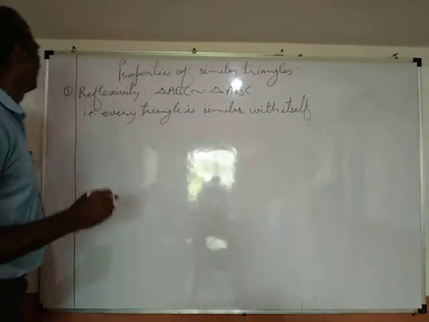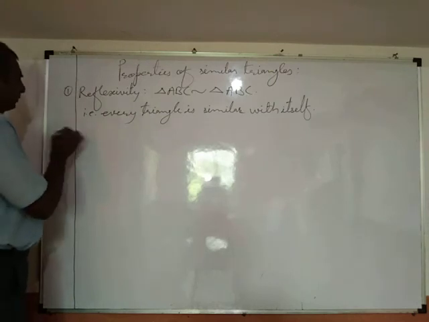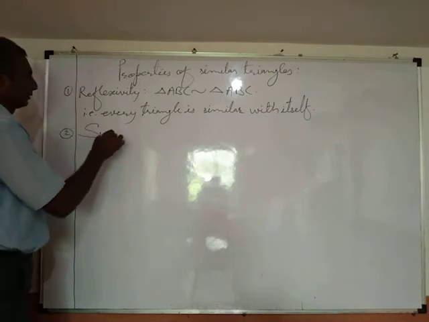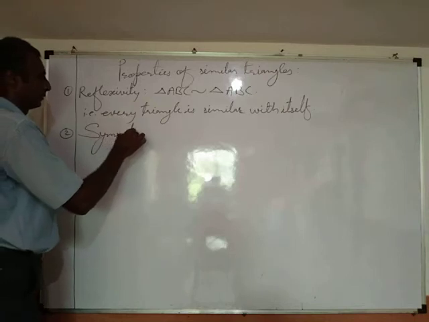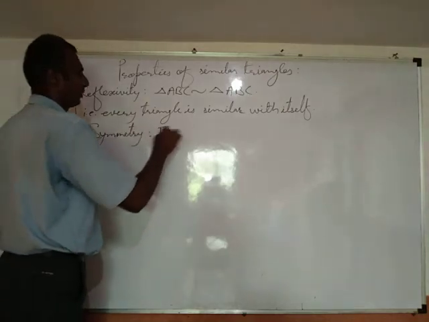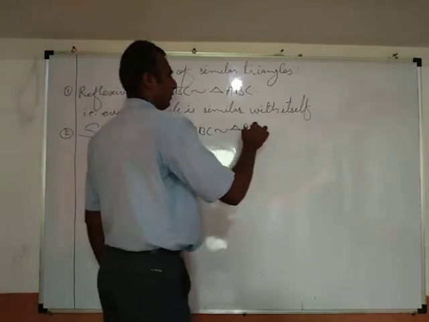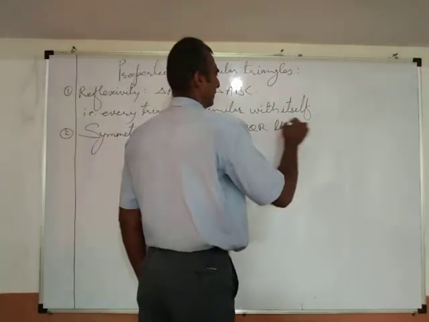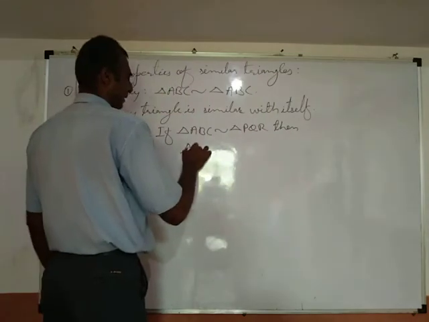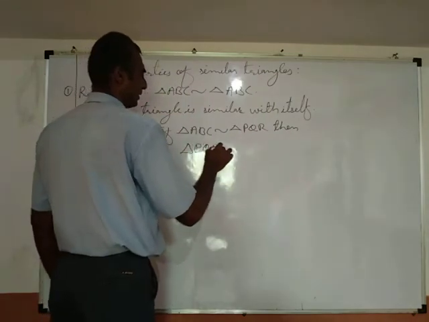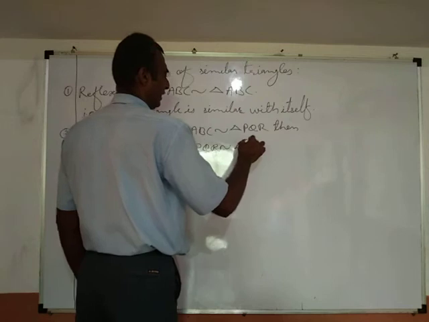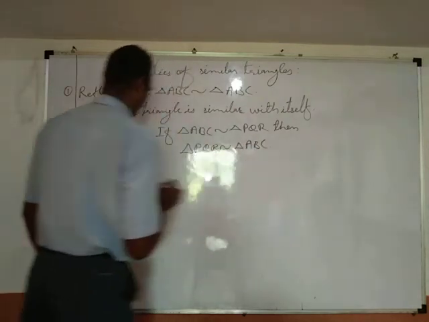Okay. Number 2, symmetry. If triangle ABC is similar triangle PQR, then triangle PQR similar with triangle ABC.